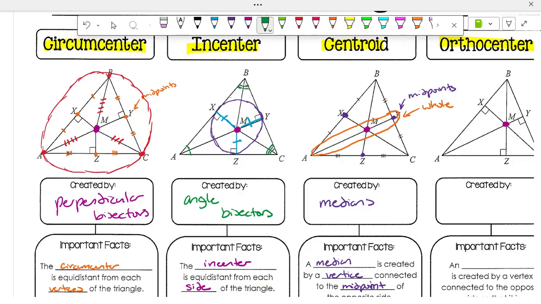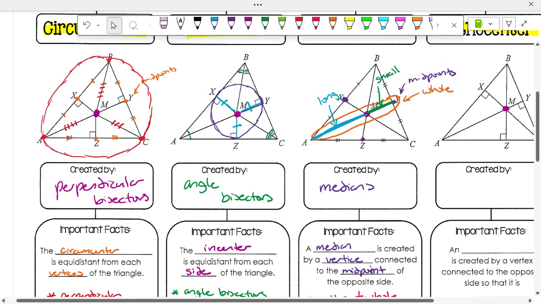The small would be the one that looks smaller. So the piece on one side of the centroid that looks smaller, that's your small segment. On the other side, the longer of the two, that's your large segment.